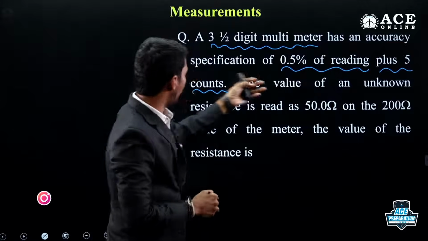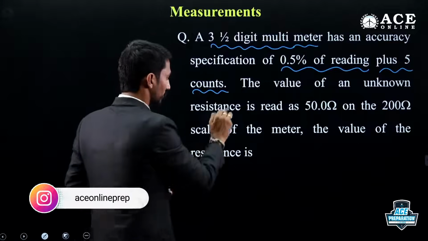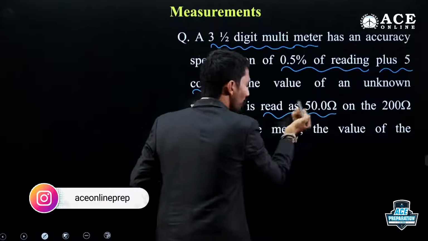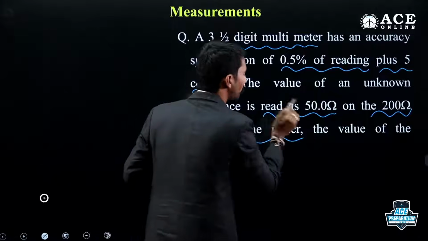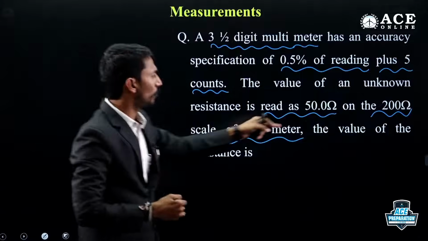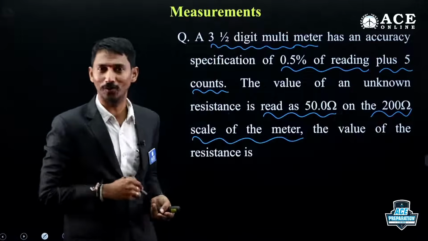The value of an unknown resistance is read as 50 ohm on the 200 ohm scale of the meter. Okay, so the full scale value of the device is 200 ohm.